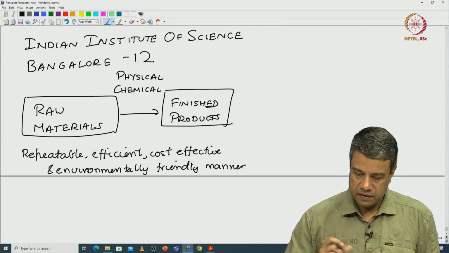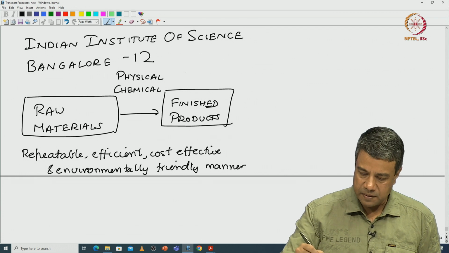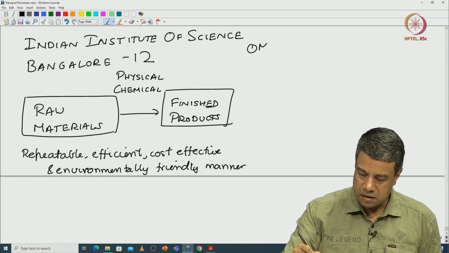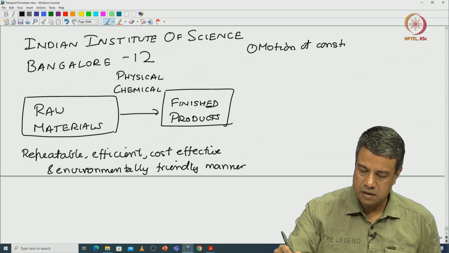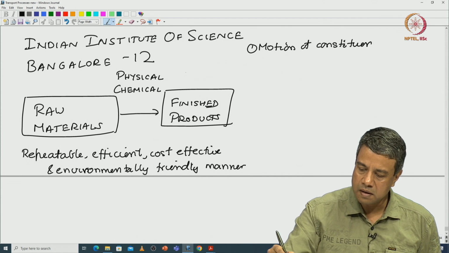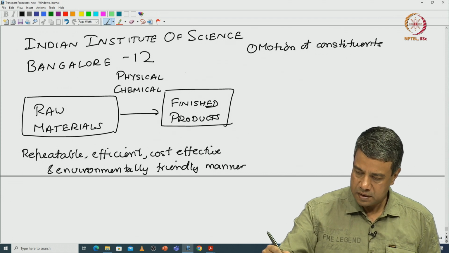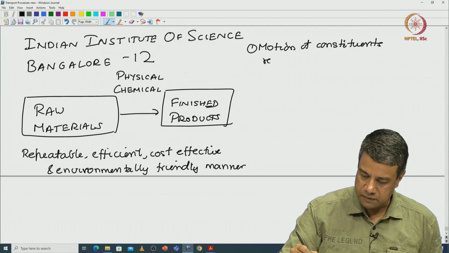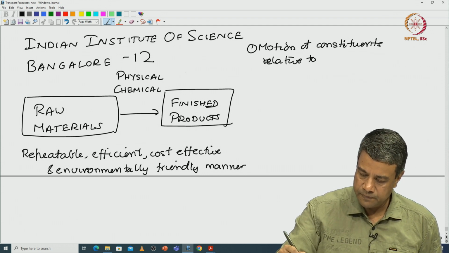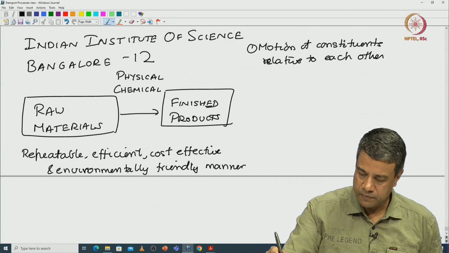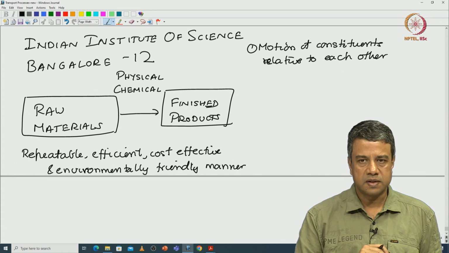These involve a few common things. One is motion of constituents relative to each other.